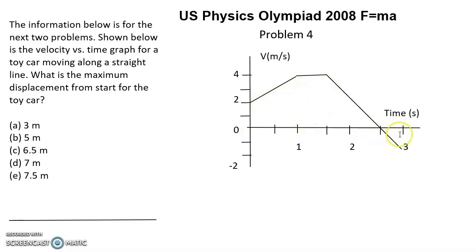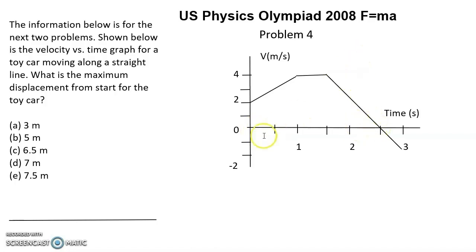If velocity is negative, it means that area is negative. So if we want to find where the maximum displacement is, we need to move till velocity is positive. So we will move till 2.5 seconds. And we have to find the area under this graph from 0 to 2.5 seconds.